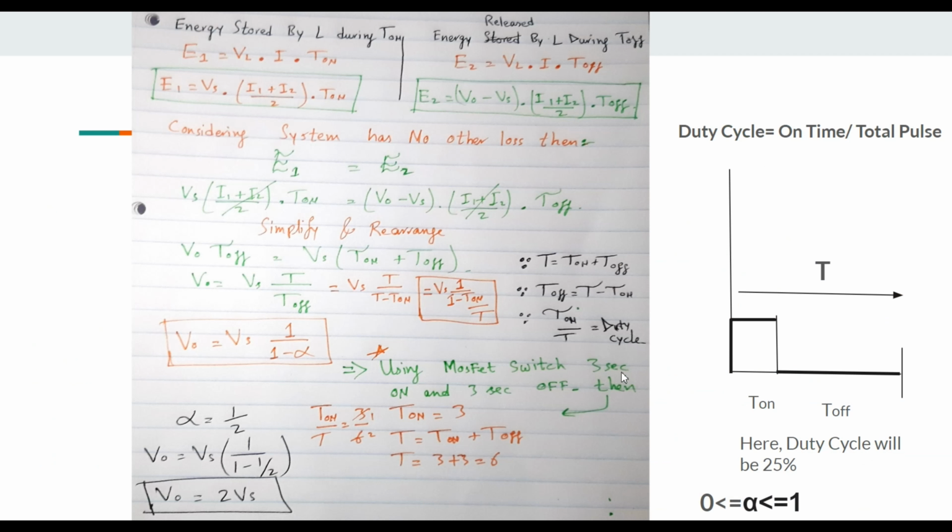Obviously, this happens in milliseconds or microseconds, so quickly, but just for your understanding, I am taking seconds only. So you can put this value like 3 over 6 here. Then T on over T will become half, 1 over 2. Put 1 over 2 here, then solve this equation. You will get V out is equal to 2 Vs.